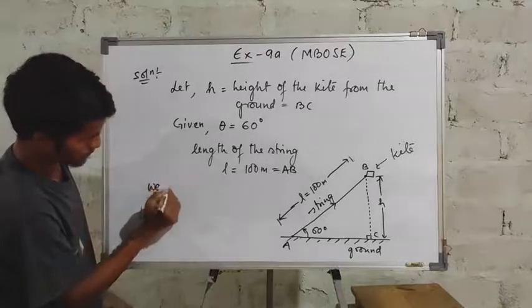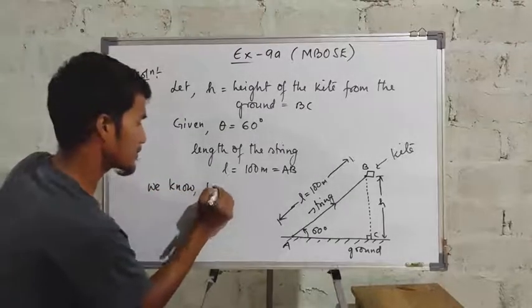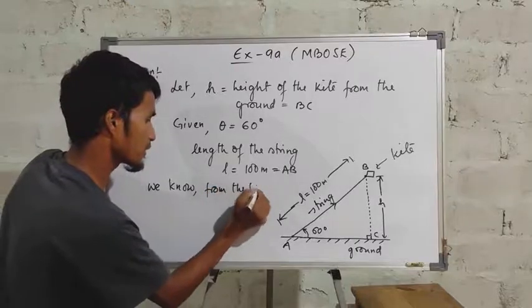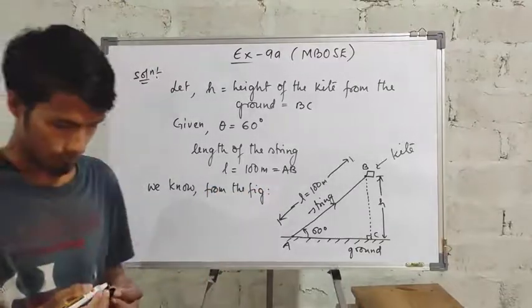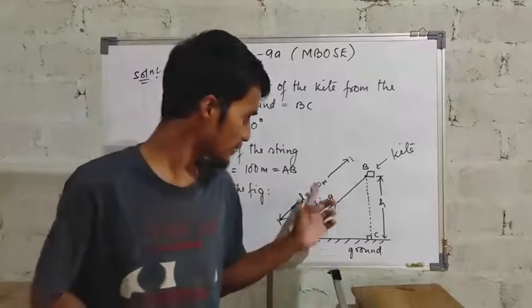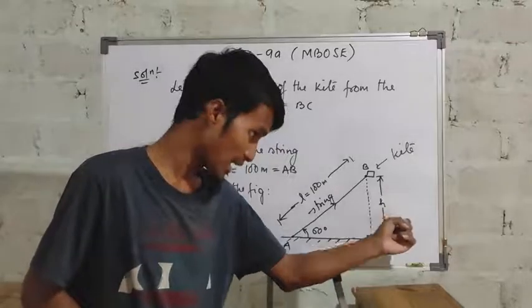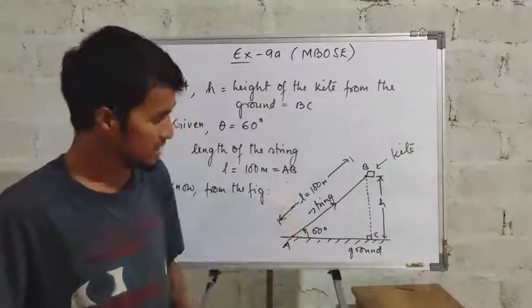We know from the figure, now look at what is given and what we need to find. We need to find the height, and given is the length. Now look at this triangle.